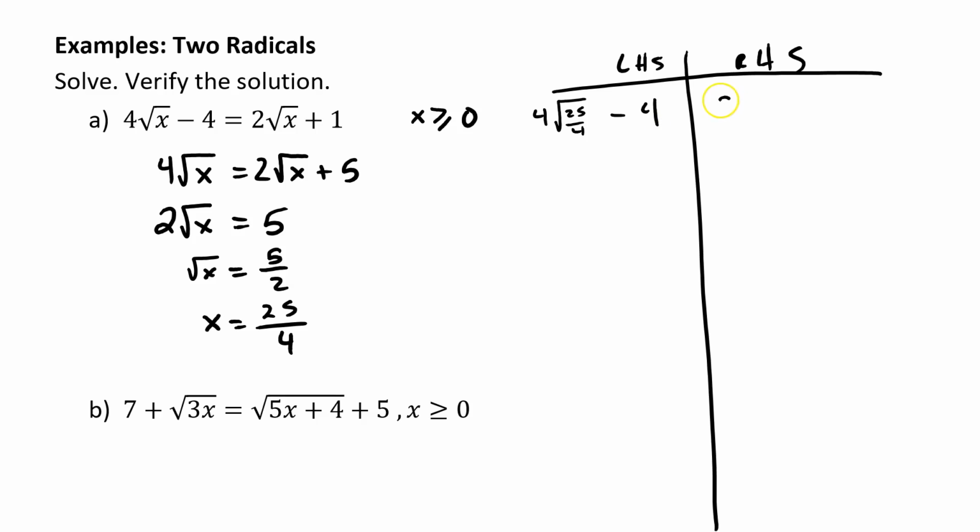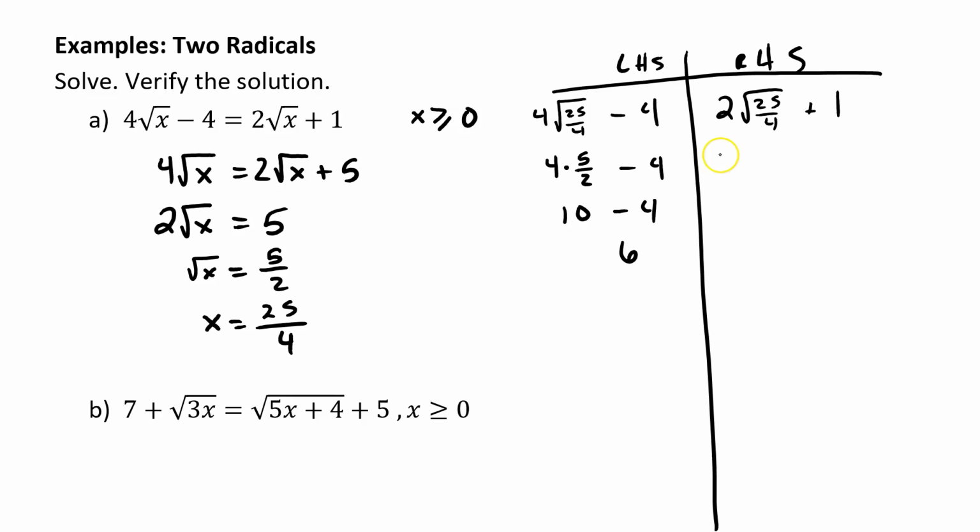And my right-hand side is 2 times the square root of x, which is 25 over 4, plus 1. So the square root of 25 over 4 is 5 over 2, so it becomes 4 times 5 over 2 minus 4. 4 times 5 is 20, divided by 2 is 10, minus 4, which is 6.